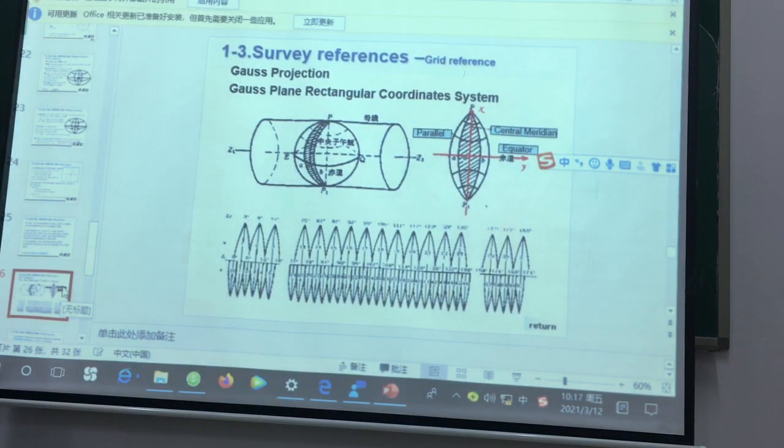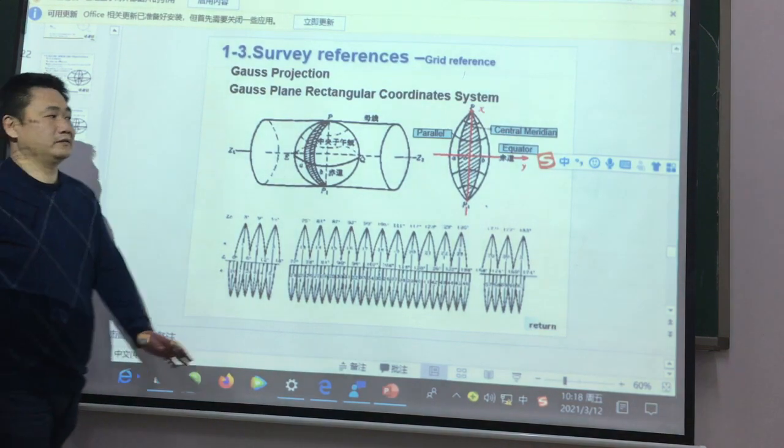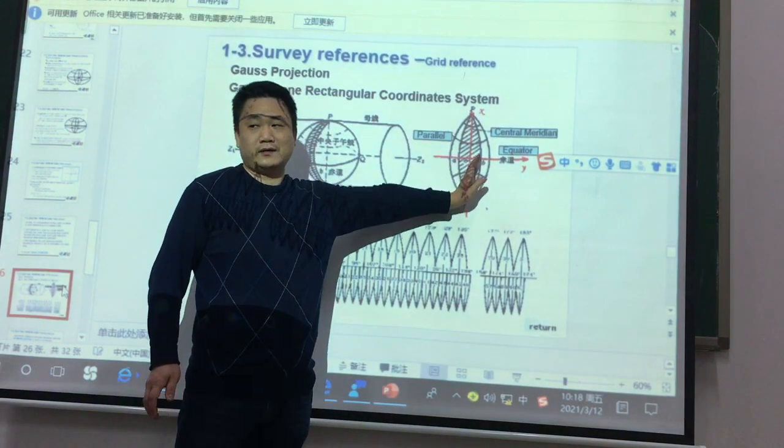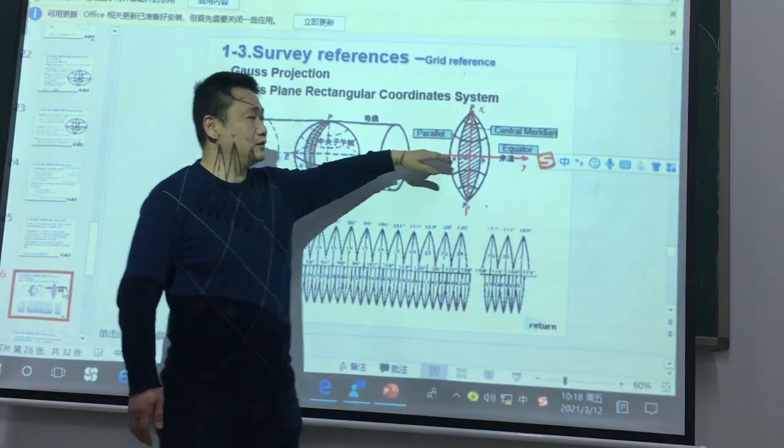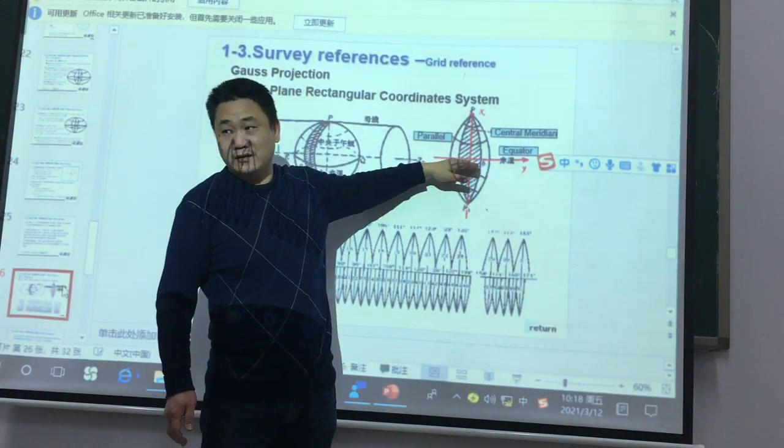For each section, we can establish a rectangular coordinate system. We call it the Gauss rectangular coordinate system. In this system, for each section, we use the central meridian as the x-axis and the equator as the y-axis.